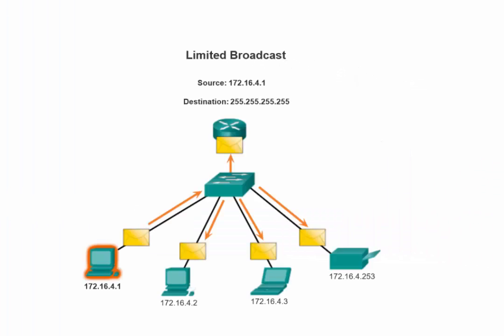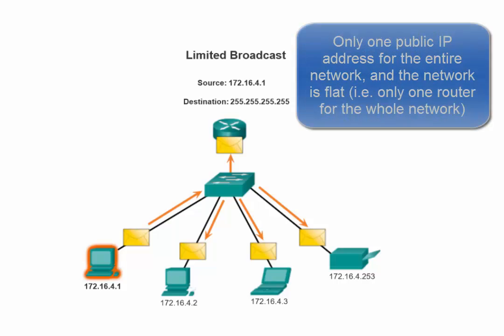As we all know, in the early network implementations, the main characteristic for the network design was based on the fact that there is one or very few public IP addresses that are assigned to the network. So, in which case, we have one flat network that has all the devices, and all these devices are connected to one router, as we can see here.